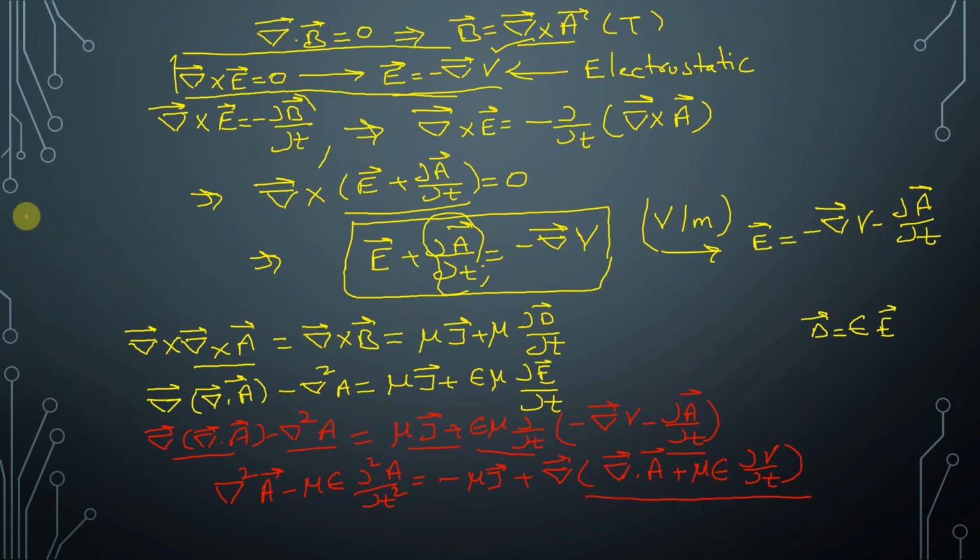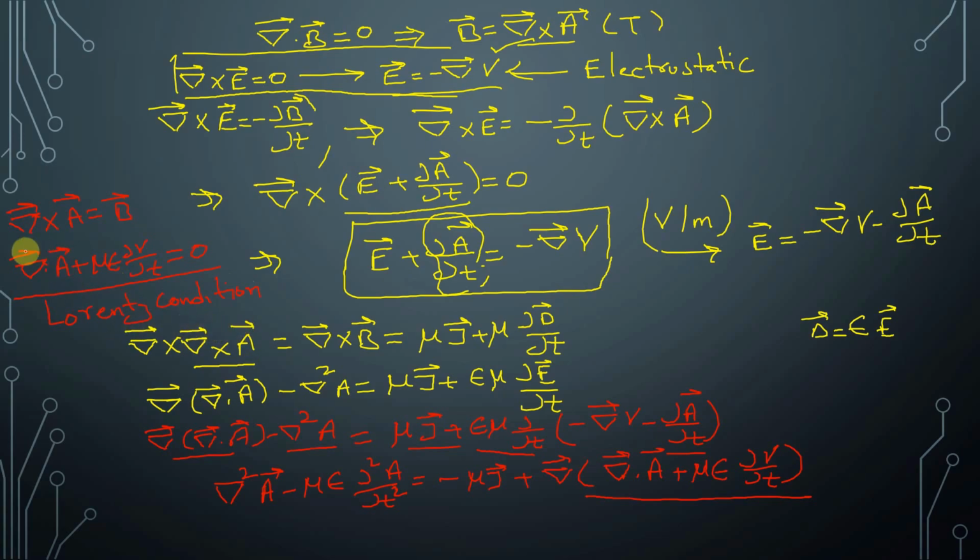We have this value of curl of A. Curl of A is B, we have already seen, and we are free to define the divergence of A. So we can assume that the divergence of A, or this whole term, is equal to 0, and this assumption is called the Lorentz condition.